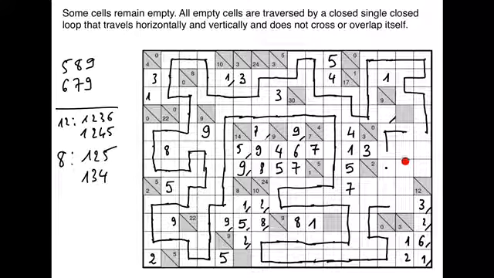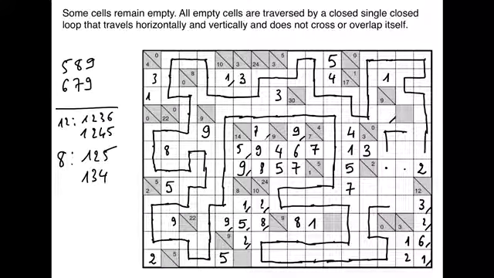And I can't have the 2 here, because if I make this a 2, then this has to be part of the loop, and that's impossible. That's a cul-de-sac. So the 2 must be in the corner. And this now can't be a digit, because then no digit is available.